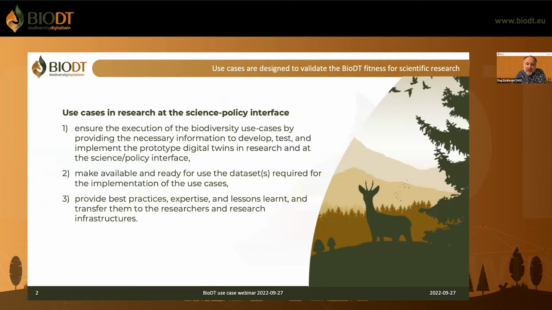And we will also, through the use cases, find the data sets we need for each of these tests, and also collect the best practices and transfer them to researchers, so teach them how to implement the use cases in their own research through training activities later on.